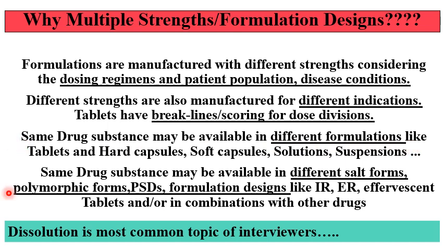Now see, many times we observe that the same drug substance is available in different formulations like tablets, hard capsules or hard gelatin capsules, then soft gelatin capsules or soft capsules, solutions, suspensions, and many more.